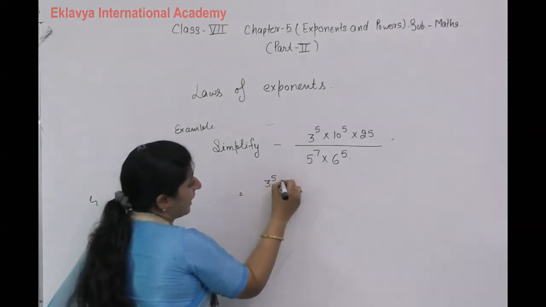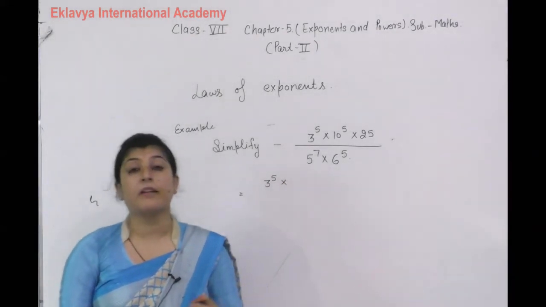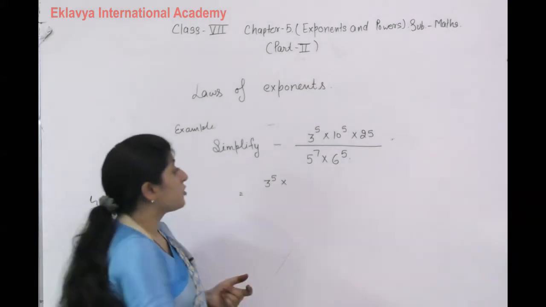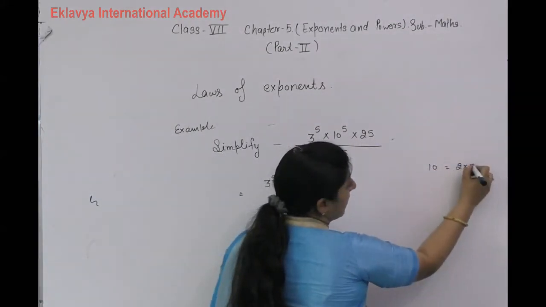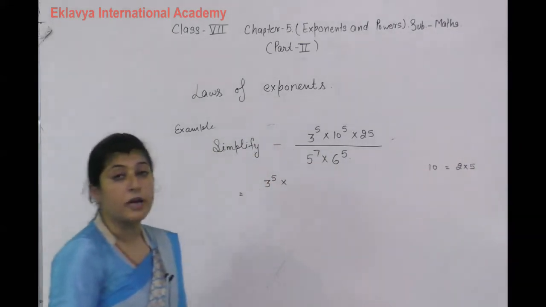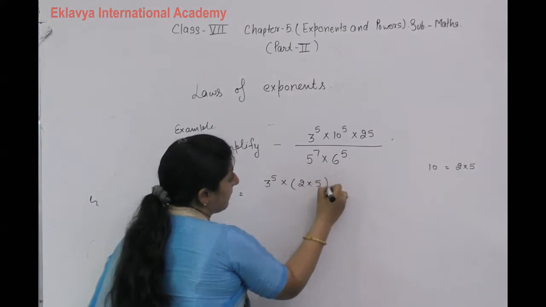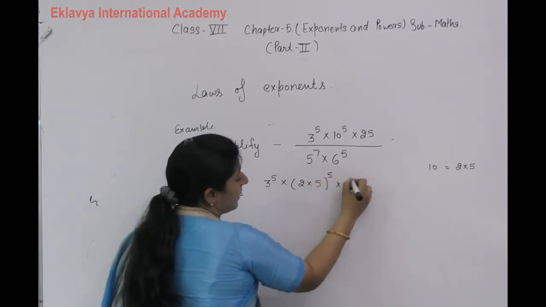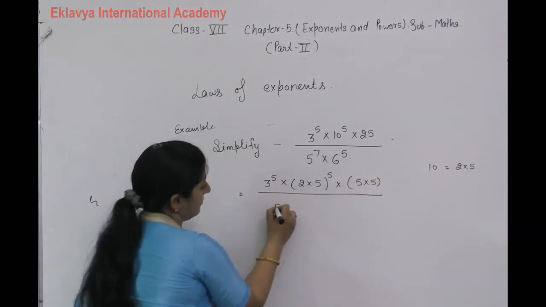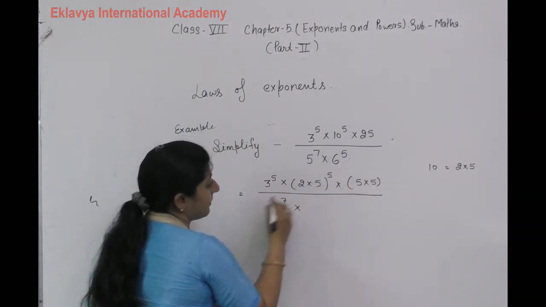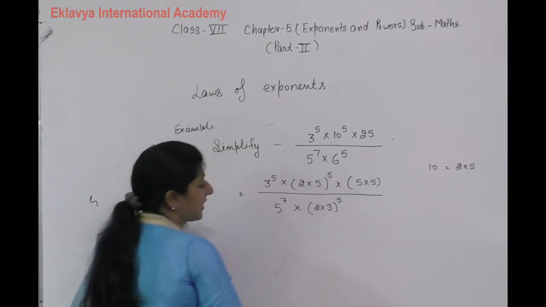3^5 into, try to change into the prime powers of prime factors. So 10, if I write it down, becomes 2 multiplied by 5. Yes or no? Prime factors of 10 is equal to this. Then (2 into 5)^5. 5 is already a prime number. 6 is 2 into 3, so (2 into 3)^5.